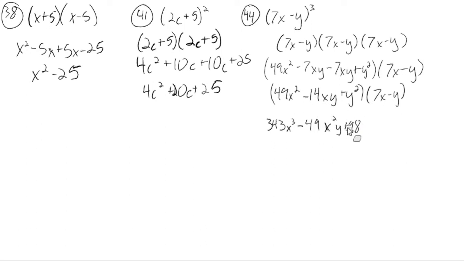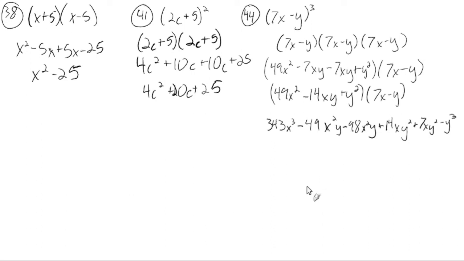So it's a negative 98. Xy times x would give us an x squared y. Negative 14xy times negative y is positive 14xy squared. And now negative 14xy has been distributed to both of these terms, and we move on to y squared. It's going to give us 7xy squared minus y to the third.